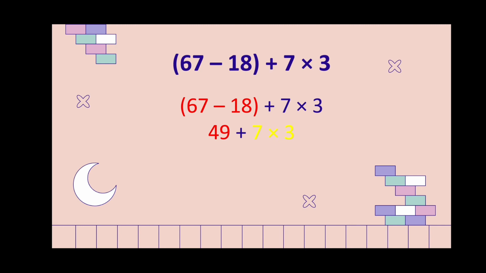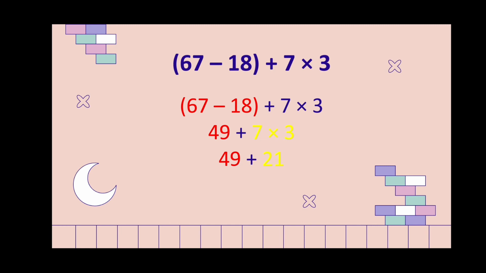And then, after ng P or ng parenthesis, the next letter is M, which stands for multiply. So, ang susunod naman natin na gagawin ay mag-multiply tayo dahil may multiplication na operation dito sa ating given expression. And that is 7 times 3, which is equal to, okay, so it's 21.